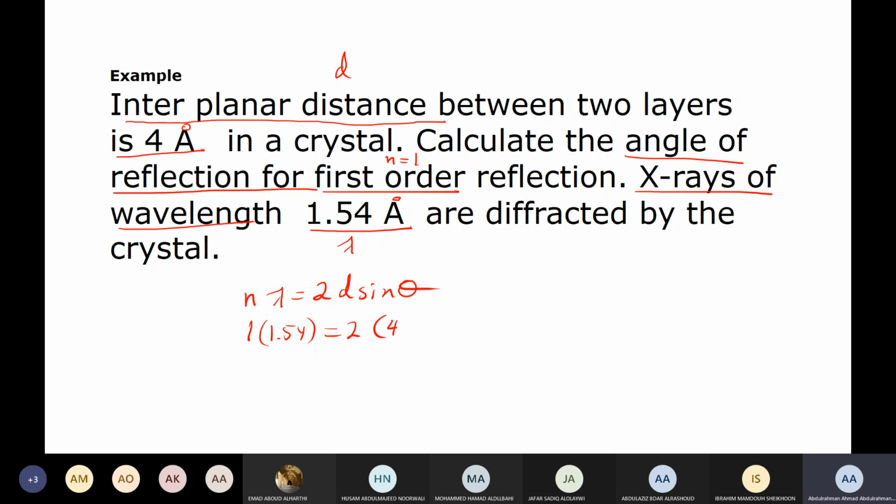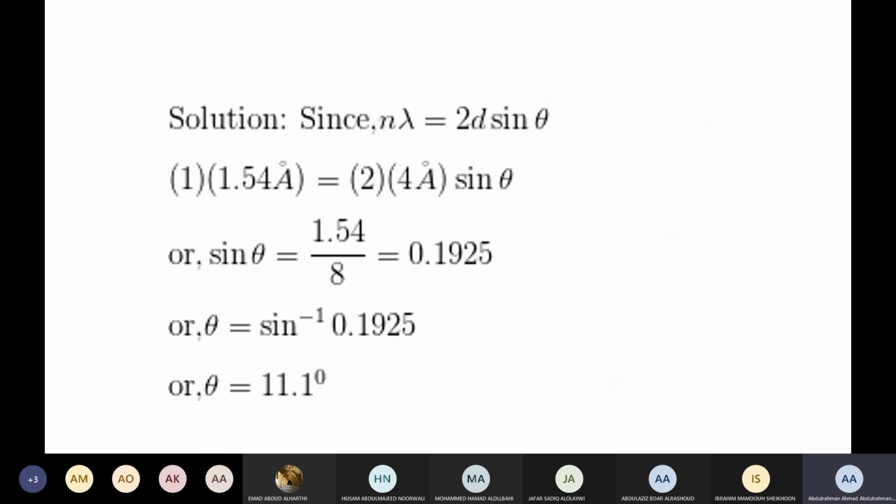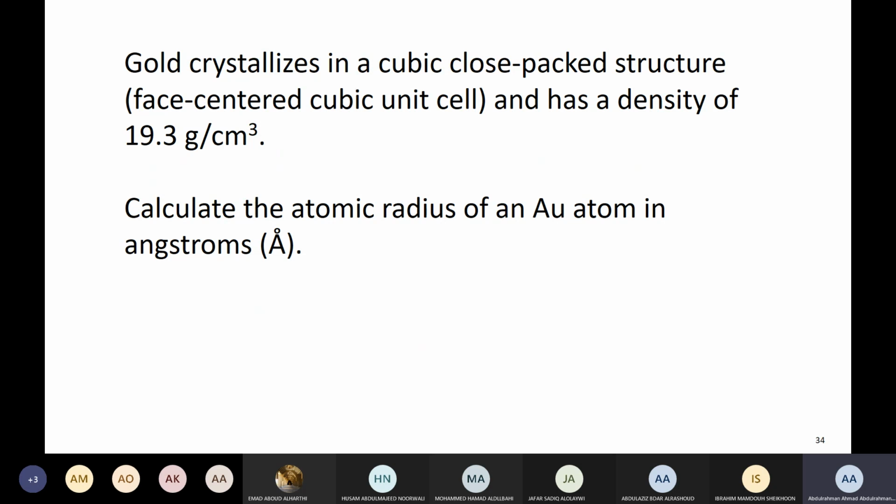This is 2 times 4 times sine theta. What's sine theta then, and from this, what is theta? Quickly. 11.1. Who got the same answer? I hope so. Yes, this is the right answer.